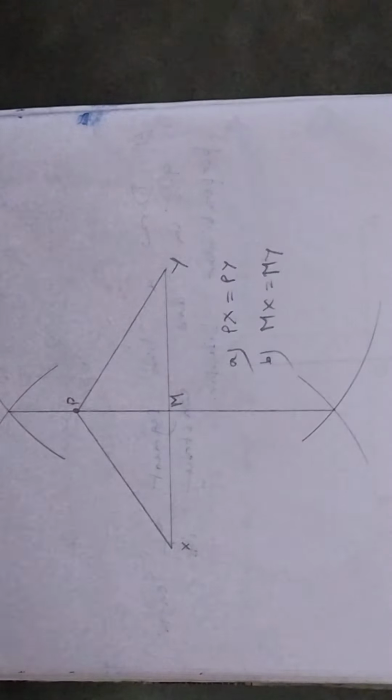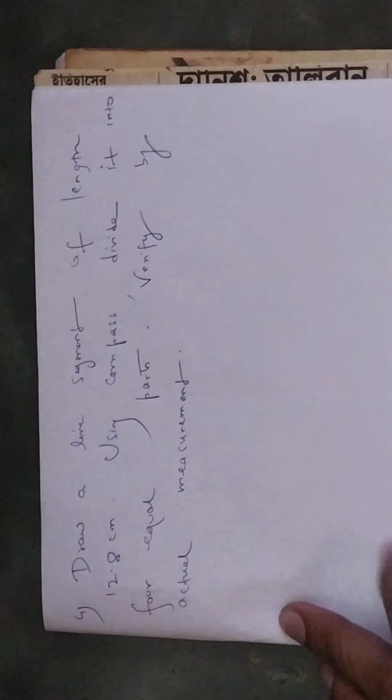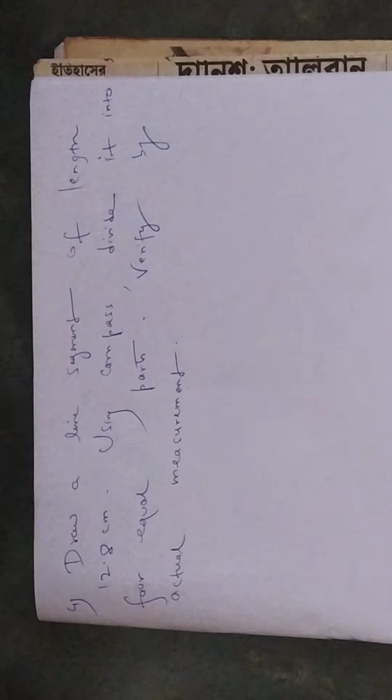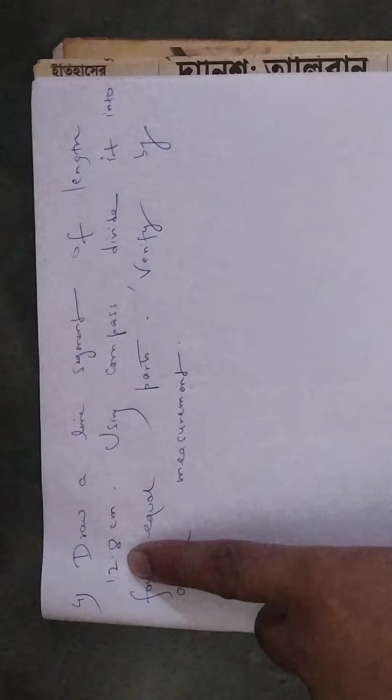Now question number 4. As you can see here, today this is the last question. Draw a line segment of length 12.8 centimeter using compass. Divide it into 4 equal parts. Verify the actual measurement. You have to divide into 4 equal parts and verify with the help of scale whether they are coming same or not. The length is 12.8.